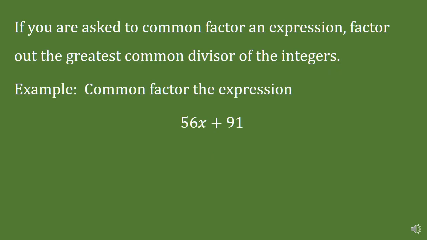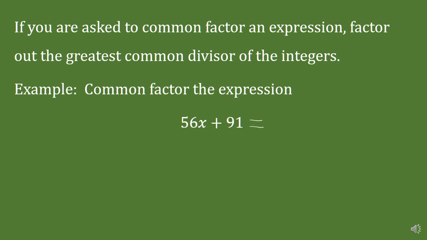And then the other thing you might ask me to do is common factor an expression. So this is when all the numbers involved are integers. You take the greatest common factor of the integers involved.